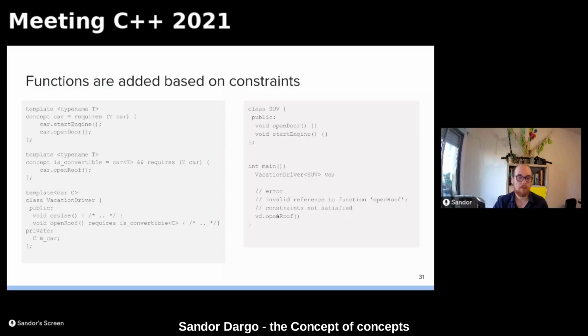And when you try to call open roof on this VD vacation driver here, then we get a compilation error because we have an invalid reference to this function open roof. It's not part of vacation driver SUV because is convertible is not modeled by SUV.